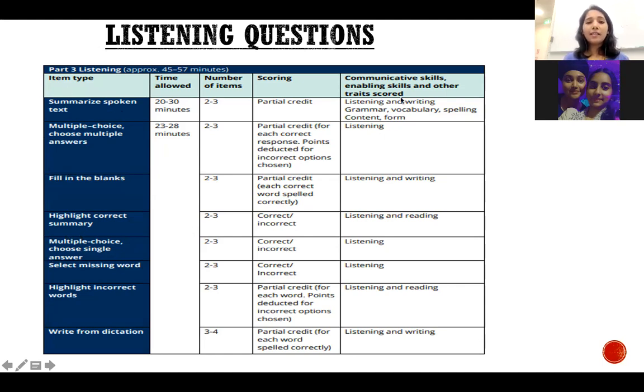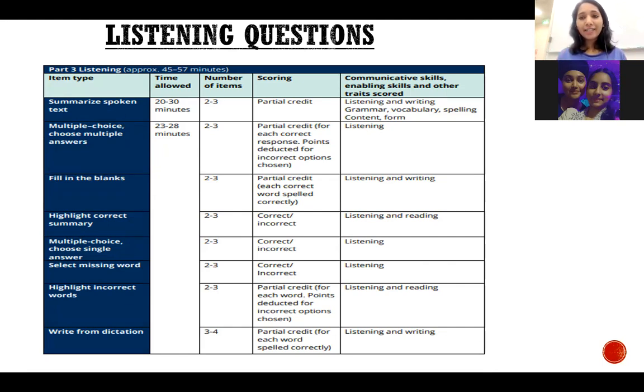In Summarize Spoken Text, an audio or a lecture is played, and you write a summary of it.